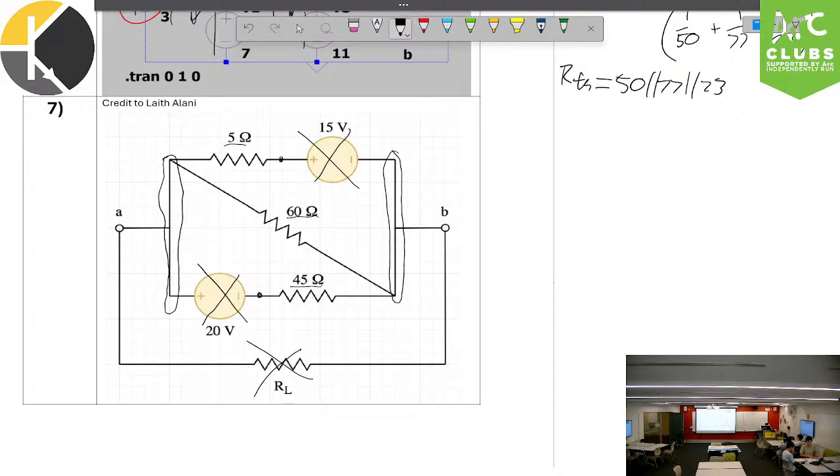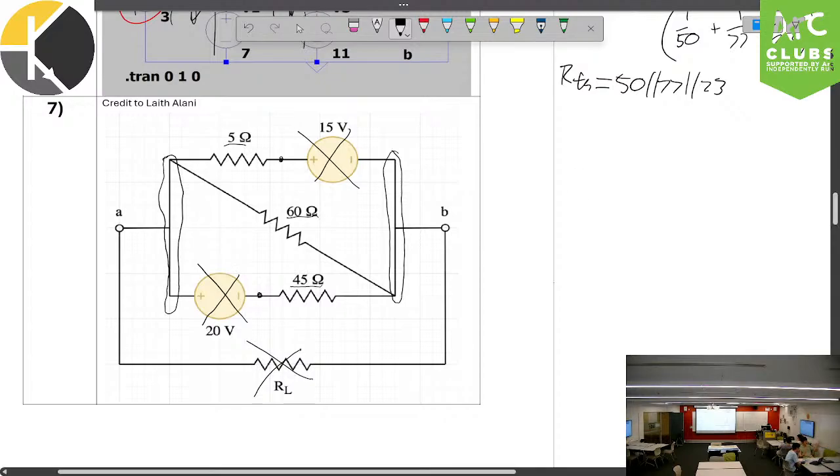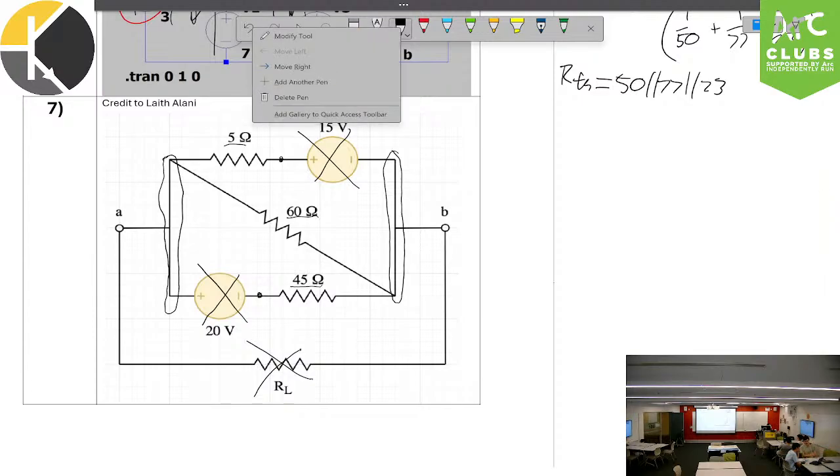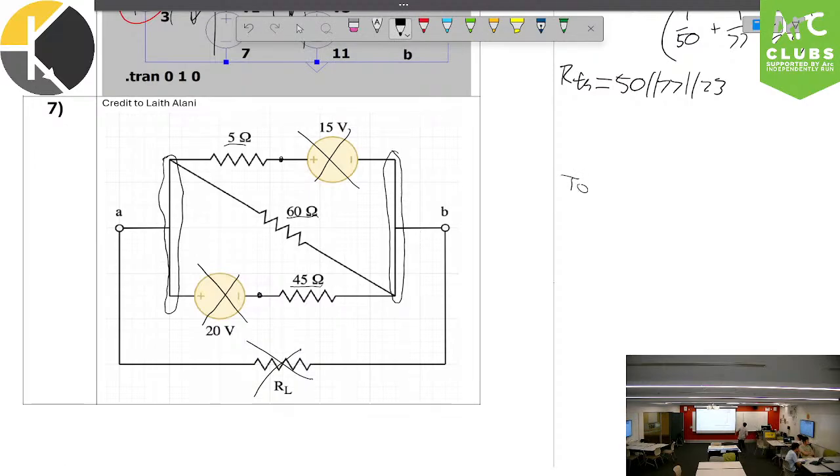And so as a result, we can easily find RTH by just taking all of these resistors in parallel, simplifying it, and that becomes our RTH. So to find RTH, we can do 5 parallel 60 parallel 45, and that will be the resistance as seen from AB.